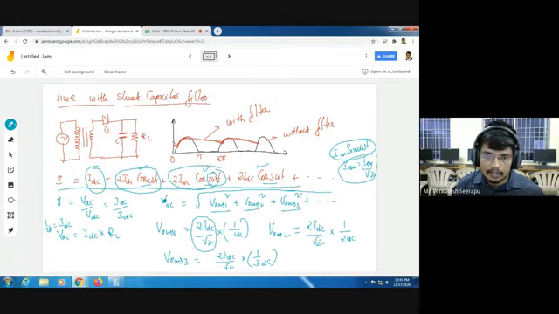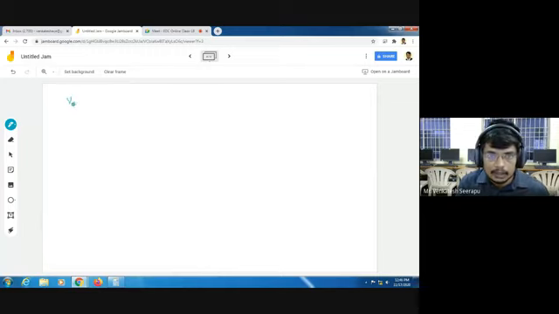Now I have to find the overall AC component. All of you know that VAC can be written as root over VRMS1 square plus VRMS2 square plus VRMS3 square.